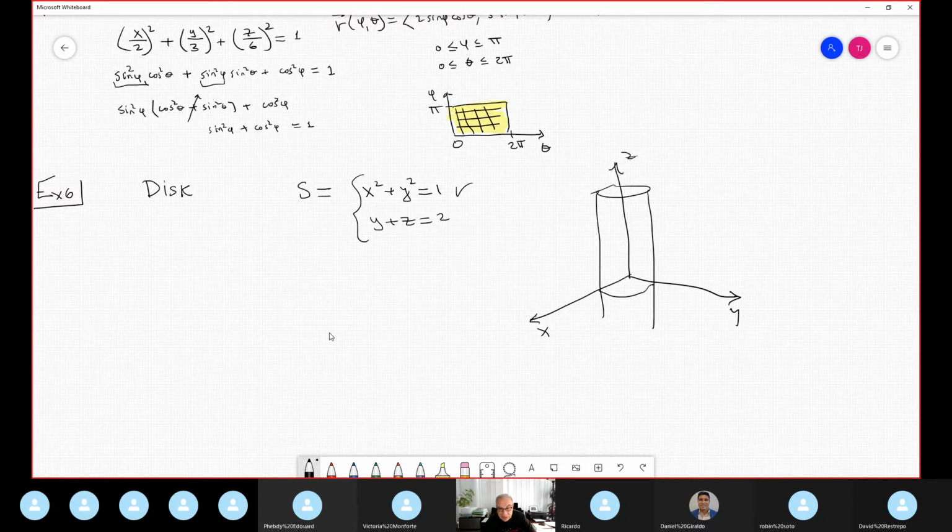This plane looks like: z is 0 when y is 2, and y is 0 when z is 2. It's a plane like that, passing through this line. And the intersection between the cylinder and the plane, I try to do my best, guys, is something like that. It's like an ellipse like that.